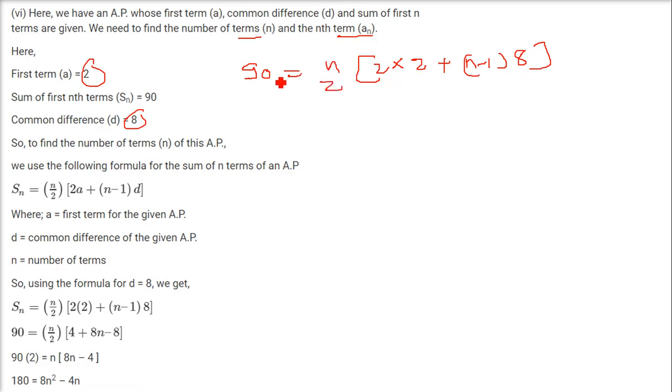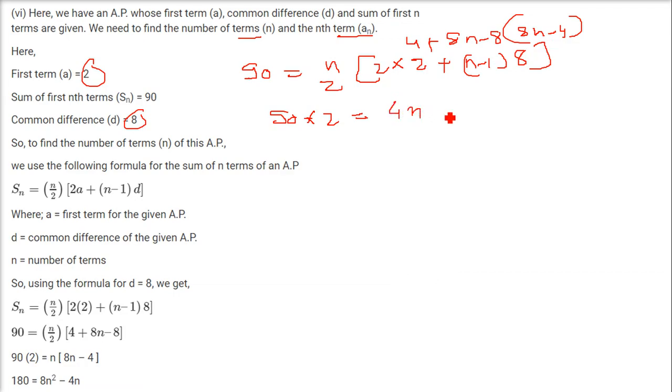So we'll get a quadratic equation here, right? So it will be 90 into 2 equal to n times, this is going to be 4 plus 8n minus 8. 4 minus 8 is minus 4, so you get 8n minus 4 here, and outside we have n. So we can take 4 outside.